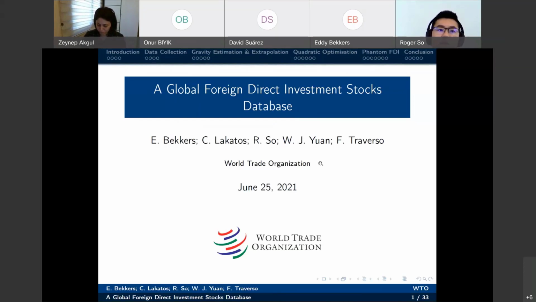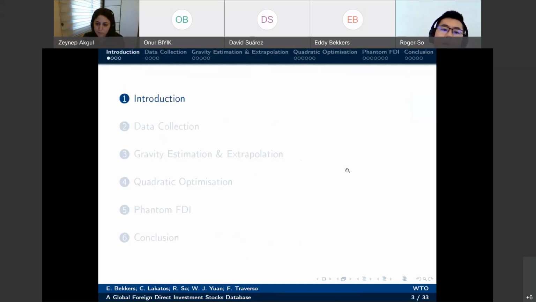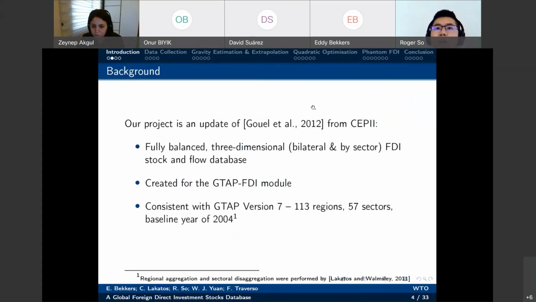I'm a junior research economist at the WTO, and my co-authors are my colleagues, Dr. Eddie Beckers and Fabio Toraso, and also Dr. Gia Lacados from the World Bank, and Dr. Jin Yuan from the USITC. And beginning with a bit of introduction, our project is actually not new, but rather an update to a previous FDI database constructed by a group of researchers from CEPII.